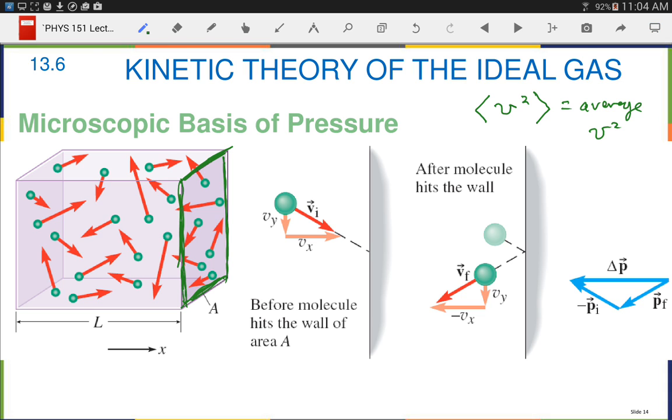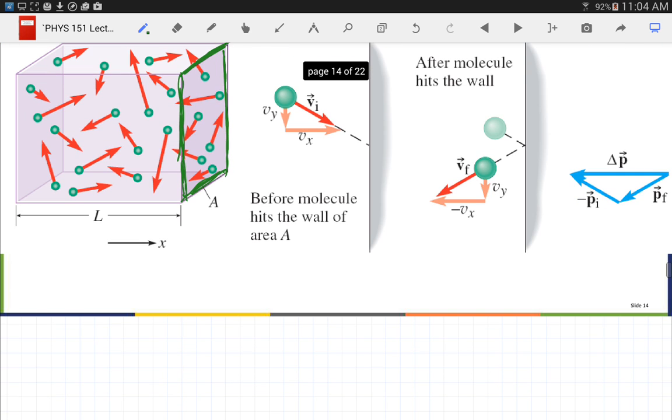So I'm going to start with this and say, okay, the pressure on this green wall is going to be equal to the average force per area of molecules bouncing off of it. Does that make sense? We know pressure is force over area.